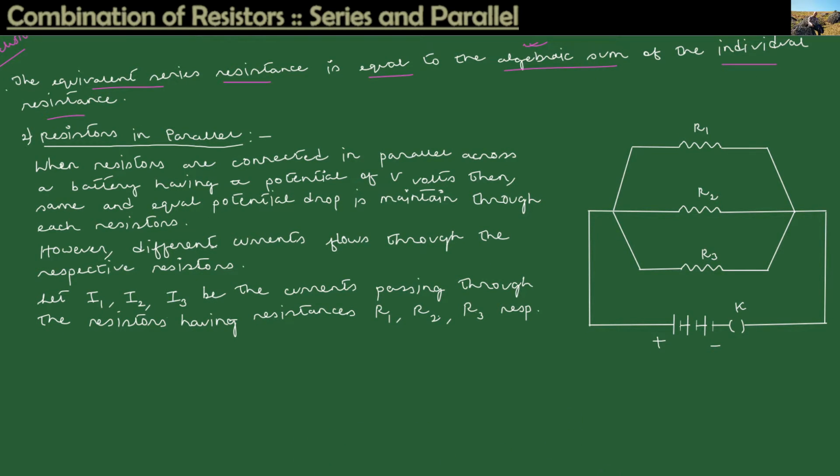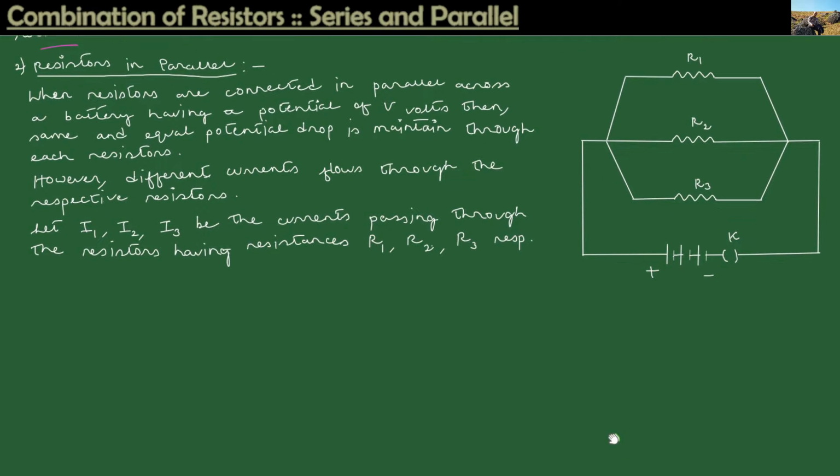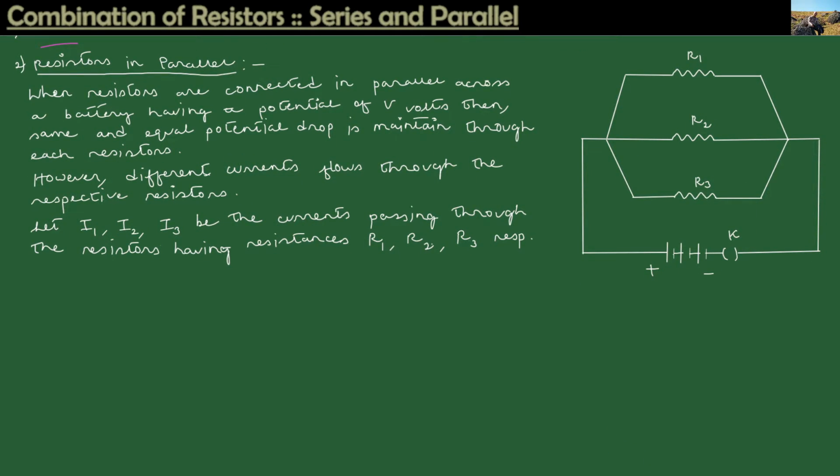When resistors are connected in parallel across a voltage source, over here we have this battery having two polarities, plus and minus, and this circuit will be connected across via this key.